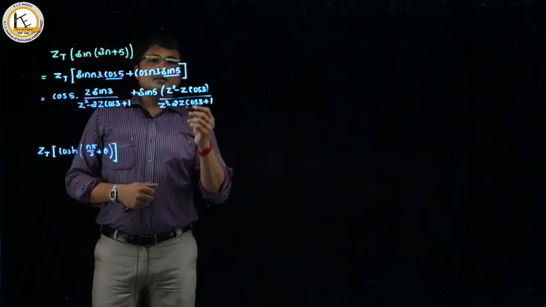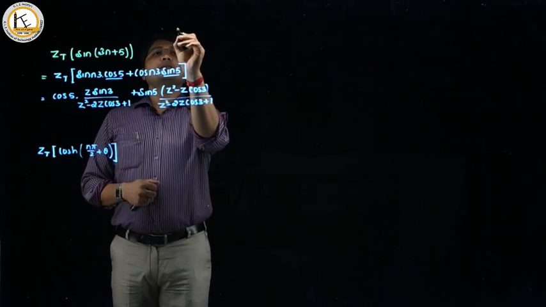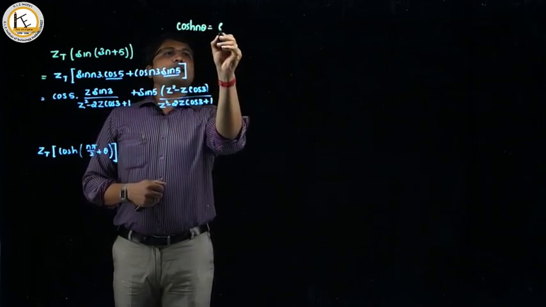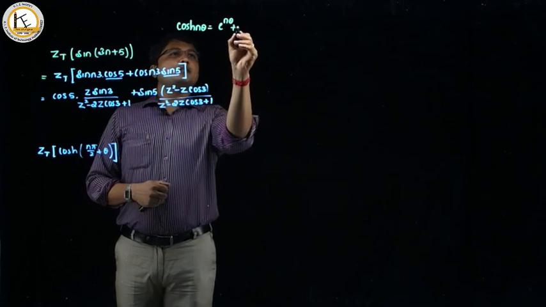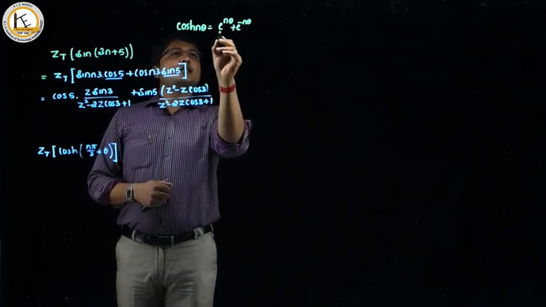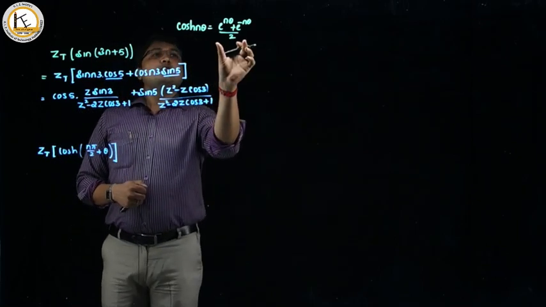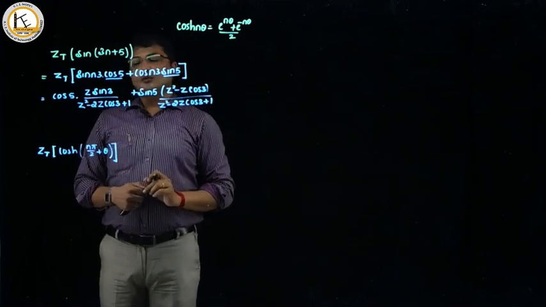Since we have some basic properties, that is cosh n theta can be written as e raised to n theta plus e raised to minus n theta divided by 2, the same formula I am going to use here.